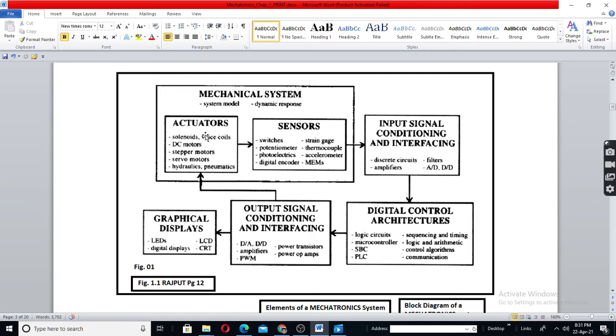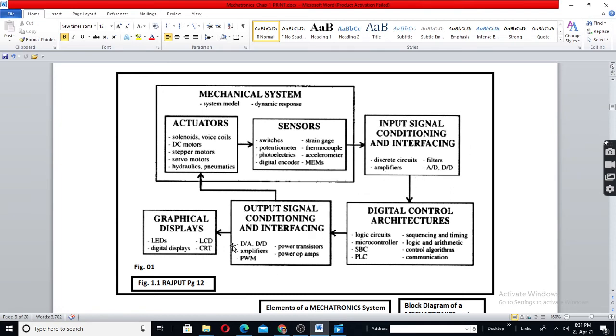But you cannot give the signal directly to the actuator, because the actuator may be a motor, and the control system may be a computer or some microcontroller. You cannot give microcontroller output directly to the motor. It needs output signal conditioning and interfacing, like what we had here.